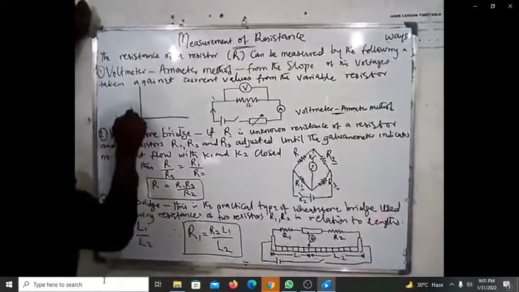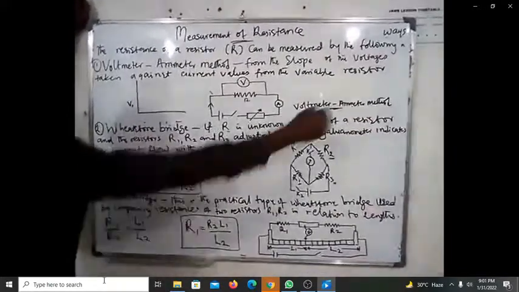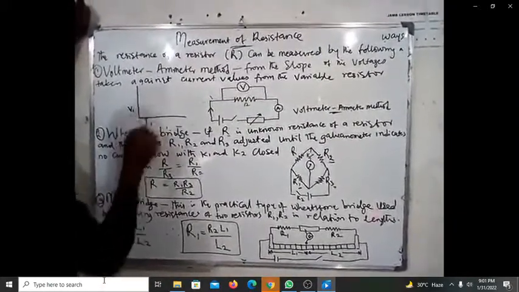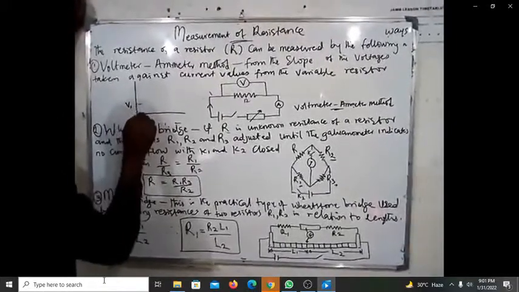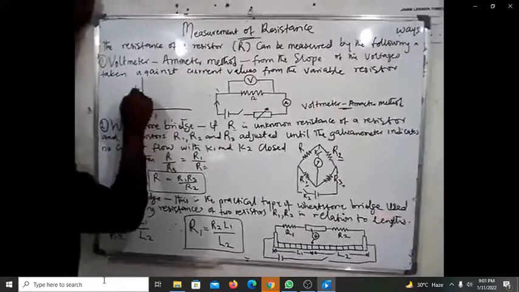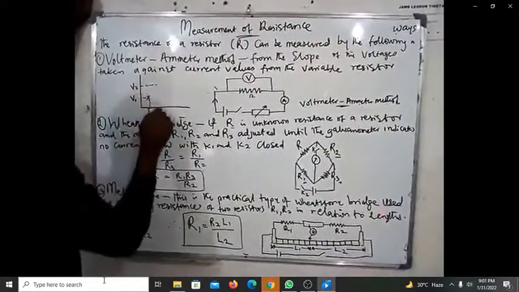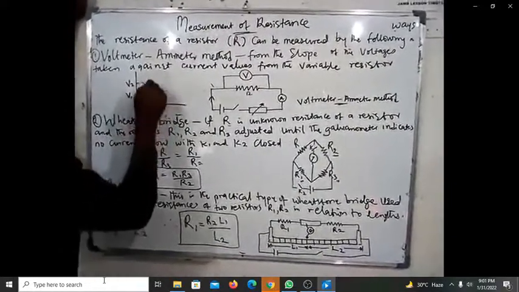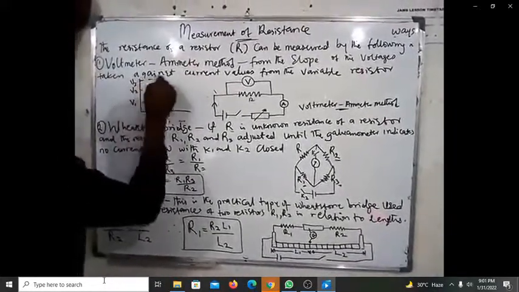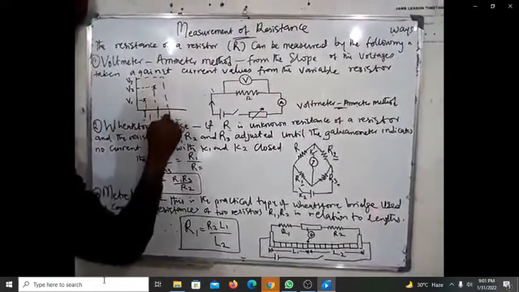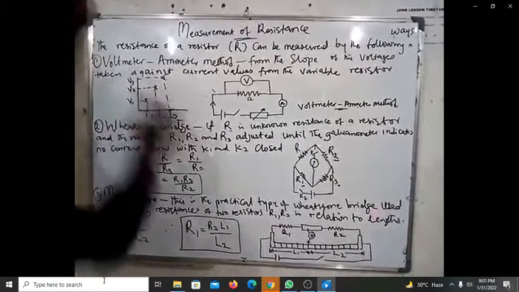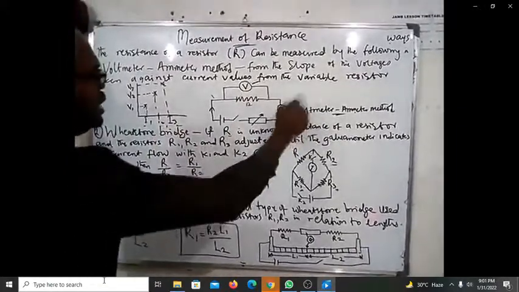If you have V1, you're going to have ammeter reading of I1. When you have V2, you take it to where you have I2. When you have V3, you take it to where you have I3. You understand? So you measure the corresponding values from the voltmeter and the ammeter.